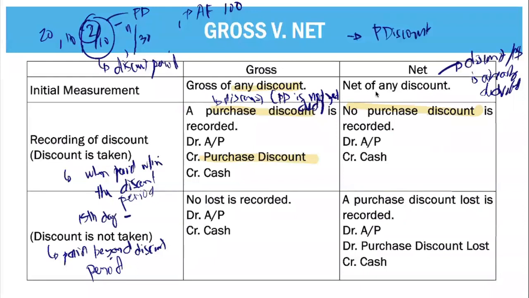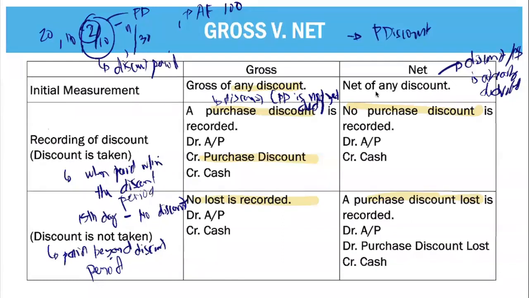If you paid on the 15th day, there is no discount. So gross, no loss is recorded. So you just debit accounts payable, you credit cash. But in net, we have purchase discount loss.